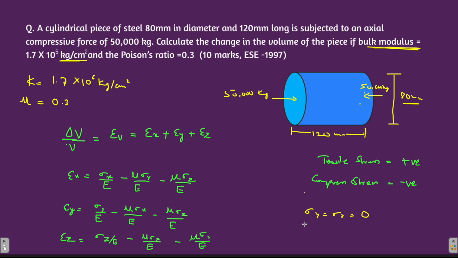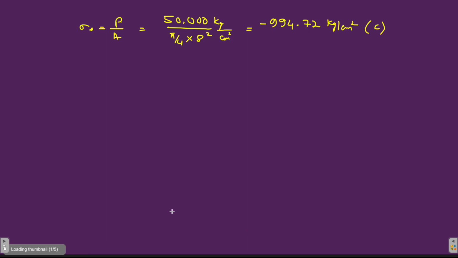Now let's first calculate these things. Let this be equation number 1, this be 2, this be 3. So let's calculate these first. Strain in x direction will be sigma x by E minus mu sigma y by E minus mu sigma z by E. Since our sigma y and sigma z are 0, this and this will be 0.